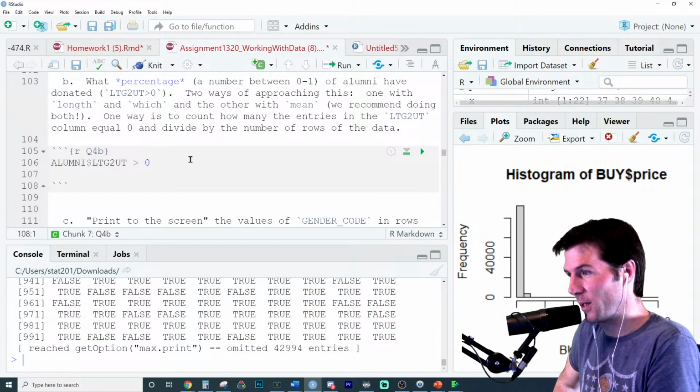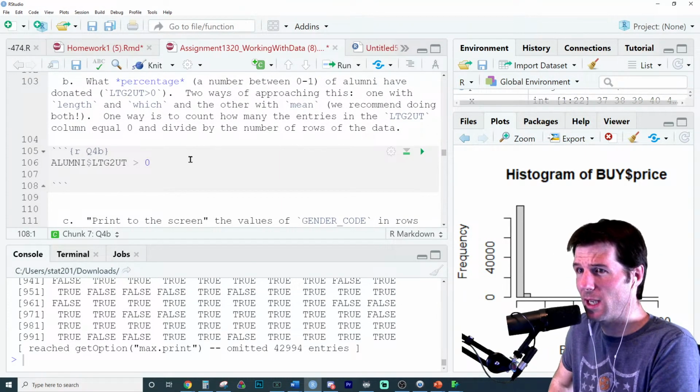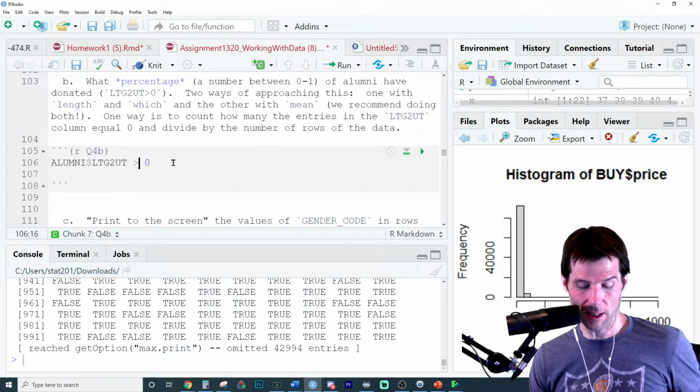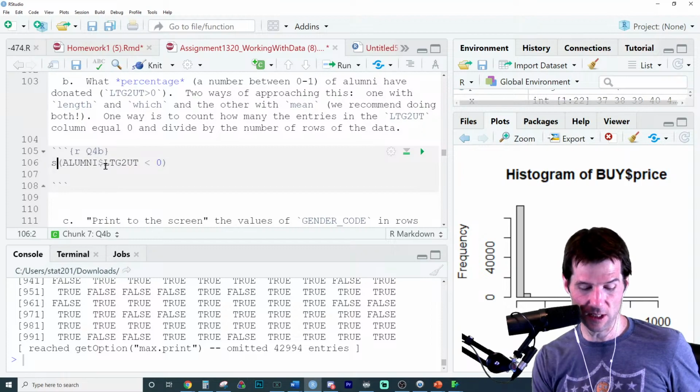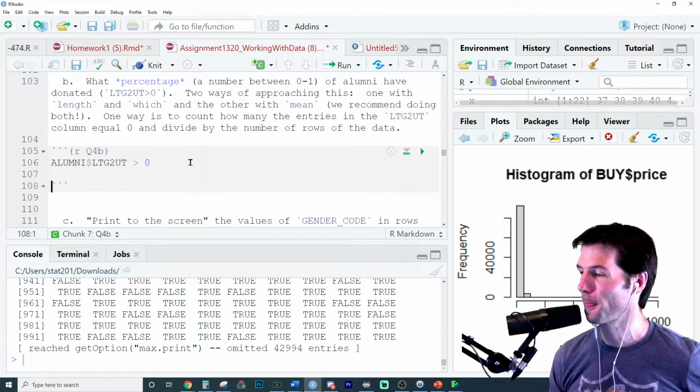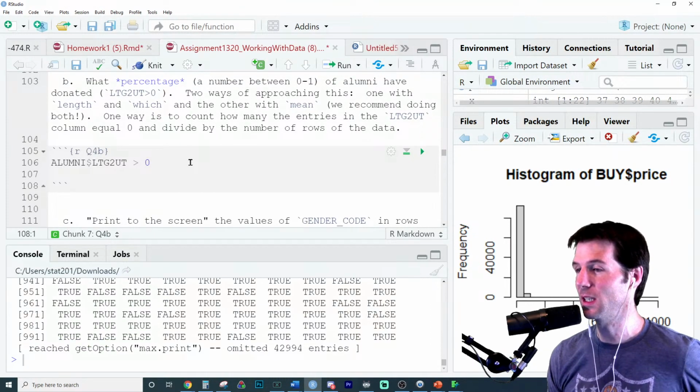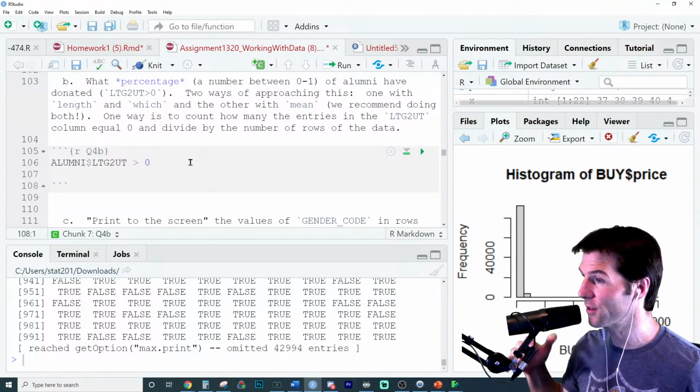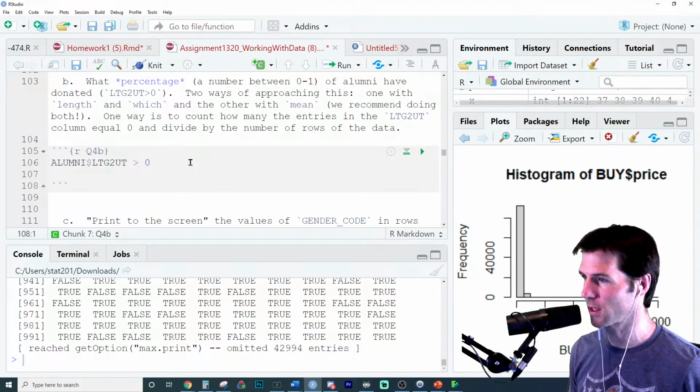Everyone's gift will be greater than or equal to 0, which actually would be a good data validation. Talking about data validation again, you don't want to see that somebody's lifetime gift to UT is less than 0. If somebody's lifetime gift to UT is greater than 0, we're finding who has donated to UT, because their lifetime gift to UT is greater than 0. Does that make sense when we read it?